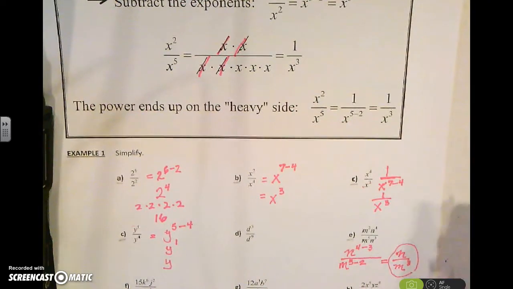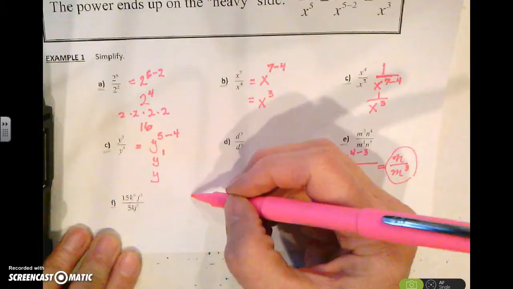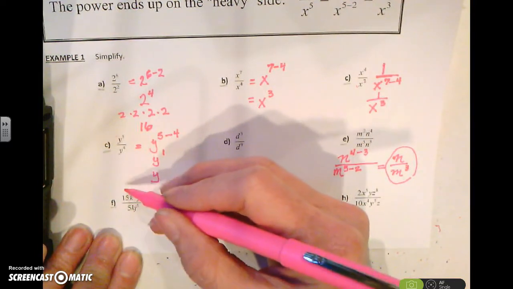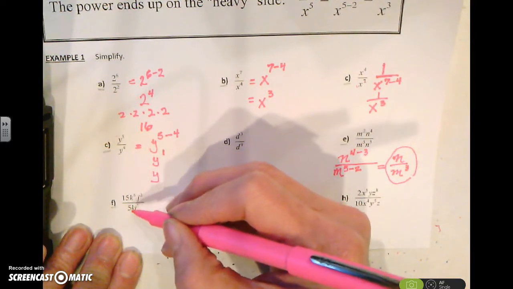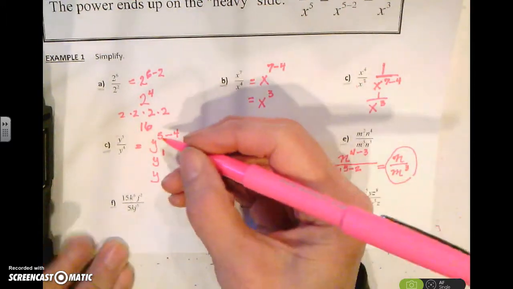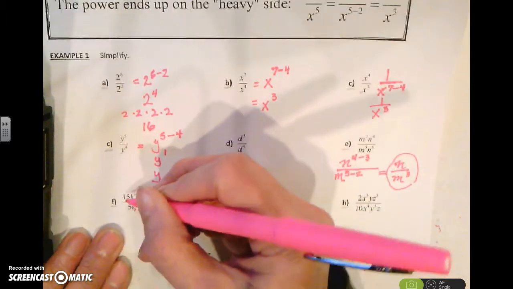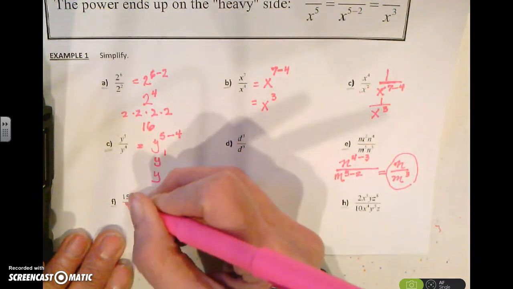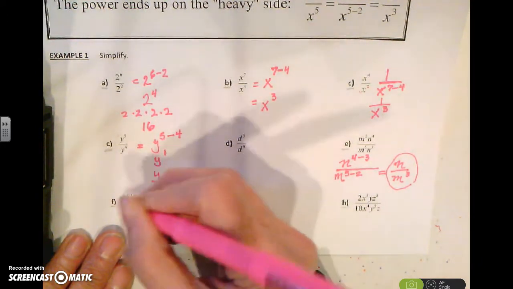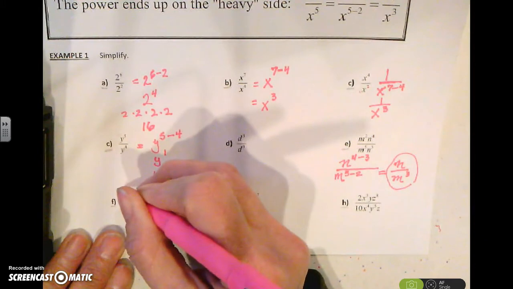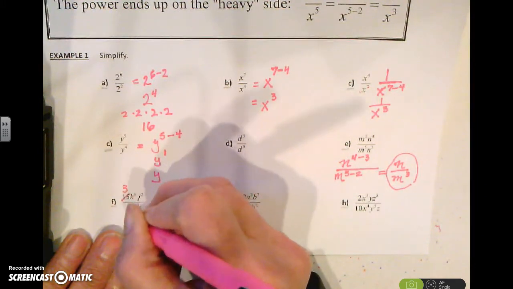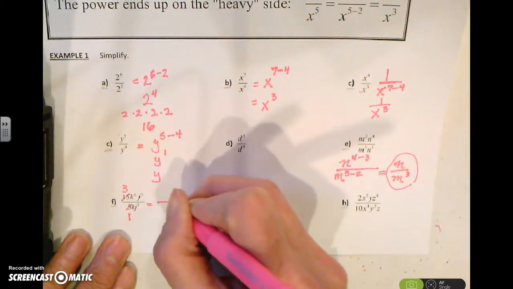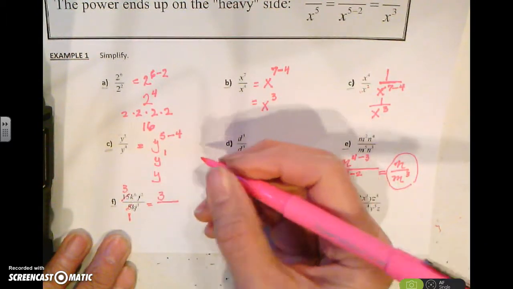power for my answer. So example F has got something a little bit different in that it's got the coefficients 15 over 5 here. And so when we simplify this, we'll simplify these just like we've done fractions all along. And notice that 5 divides into both of these. So 5 will go into 15 3 times, and 5 will go into 5 once. So then we're going to end up with a 3 in our numerator.